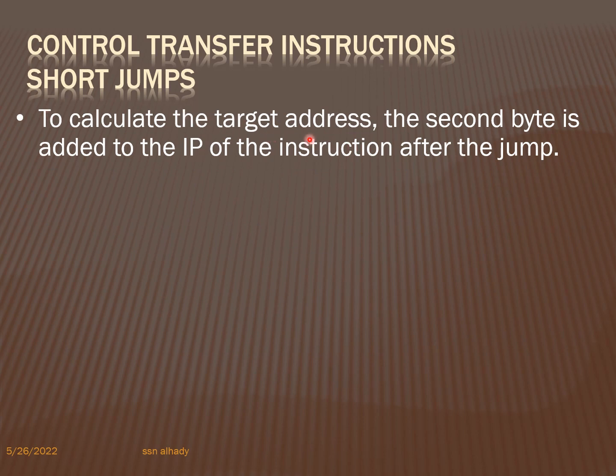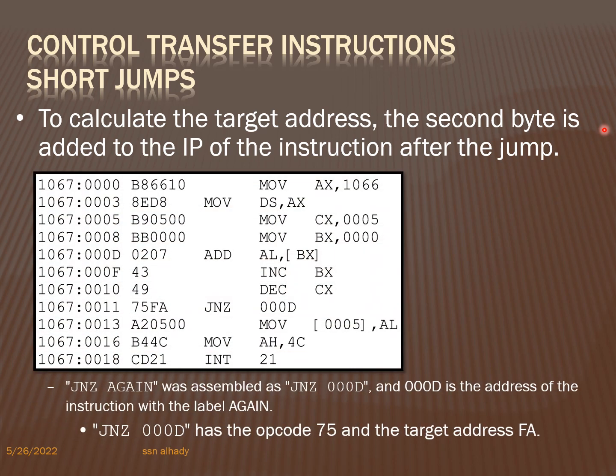So to calculate the target address, the second byte is added to the instruction pointer of the instruction after the jump. Okay, if we look here, we have the logical address of the code, and then we have the code.